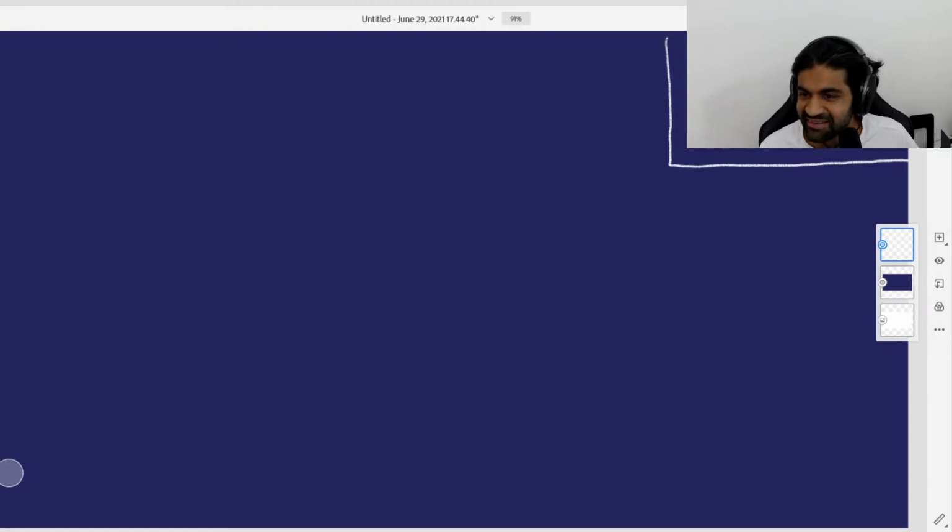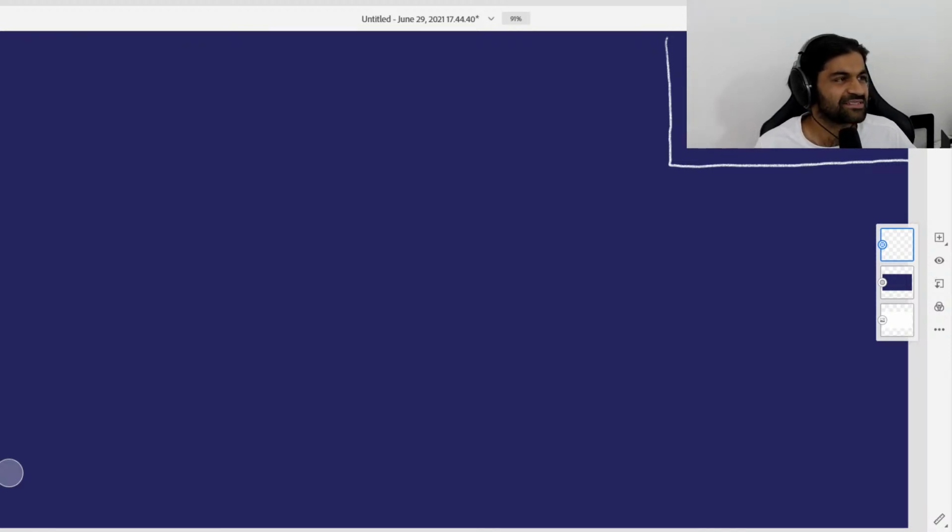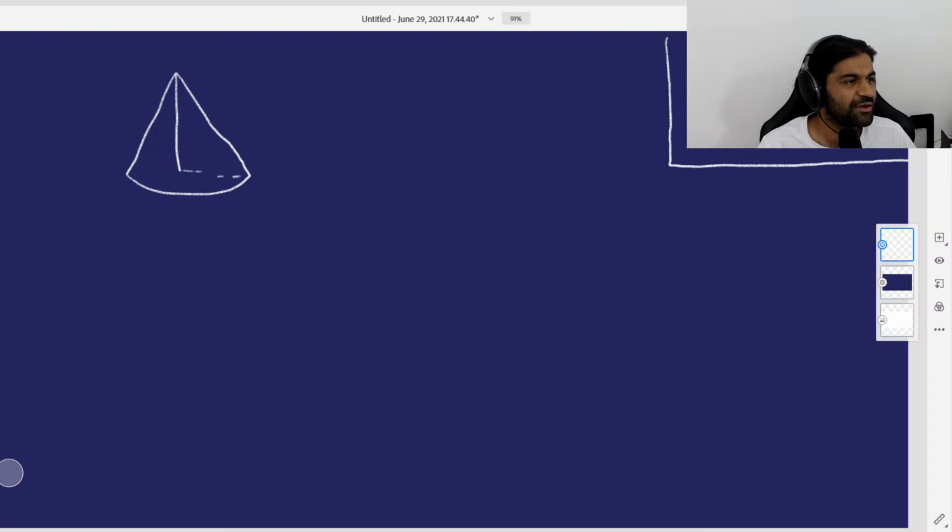And with that in mind, let's get started. So the first problem here, and yeah, we're just going to rifle through these just to have a good time. You have a right circular cone, which has a base radius of 1 and a height of 3.